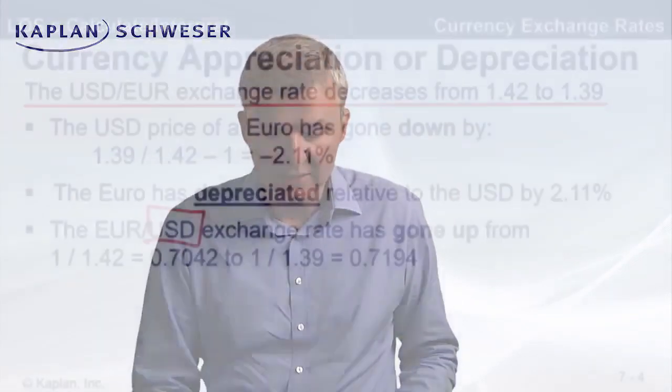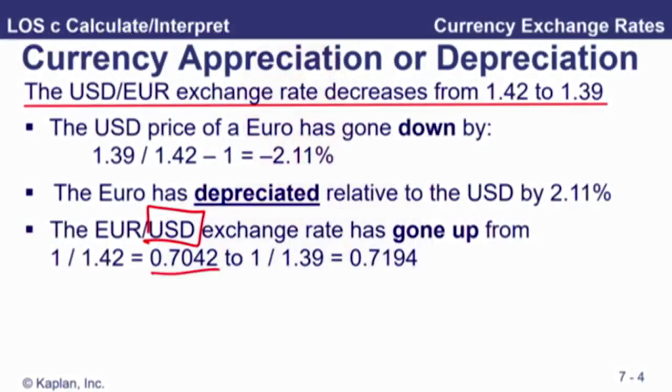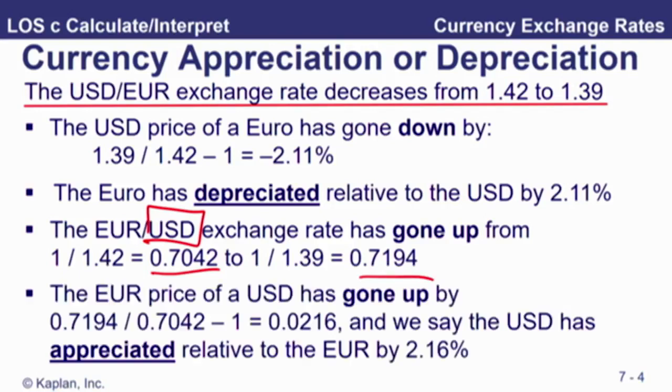It should be clear that this time the base has appreciated. It was buying 0.7042, now 0.7194. By how much? Same percentage calculation, ending over beginning minus 1, 2.16%. So that's the danger I mentioned. Make sure before you quote a percentage movement that you have done the calculation with that currency as the base. So, solid calculation, definitely get happy with that.